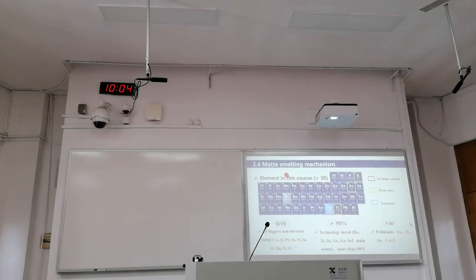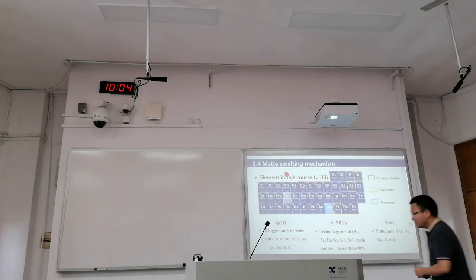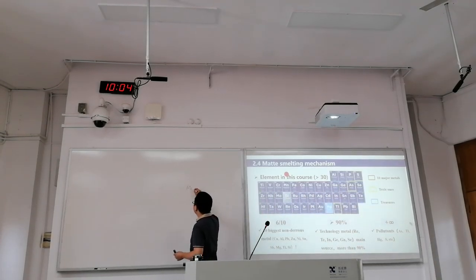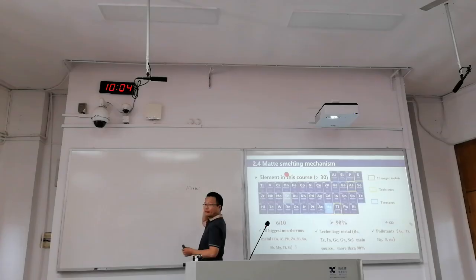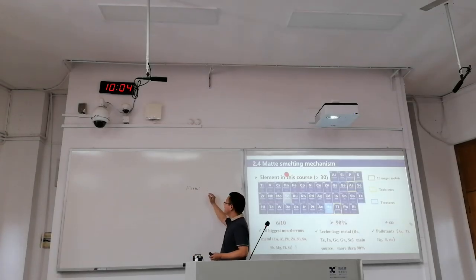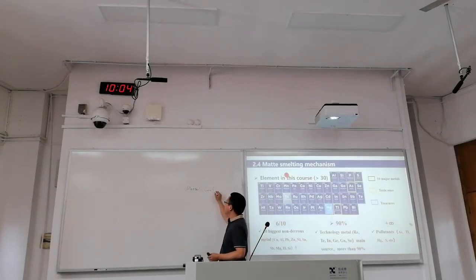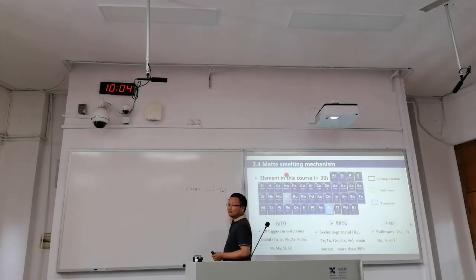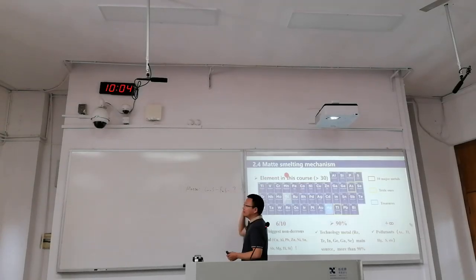So in the matte, what are we having? The dominant minerals or dominant element. In the matte, what are we having? Generally speaking, we are having copper sulfide and iron sulfides. Something else?